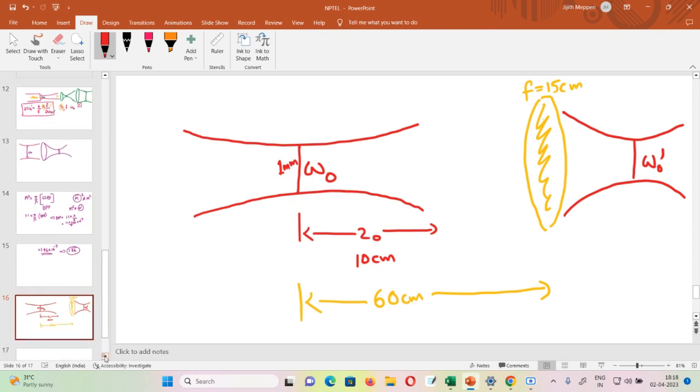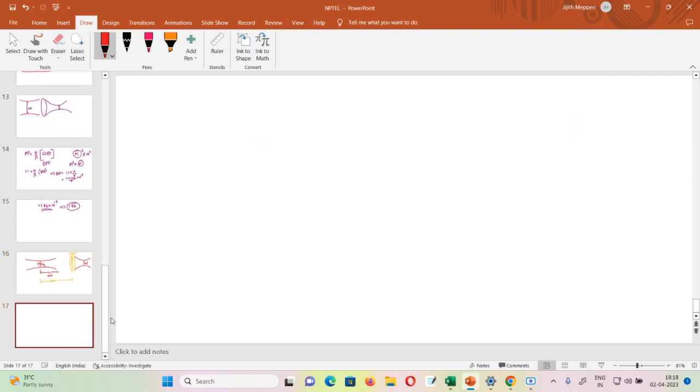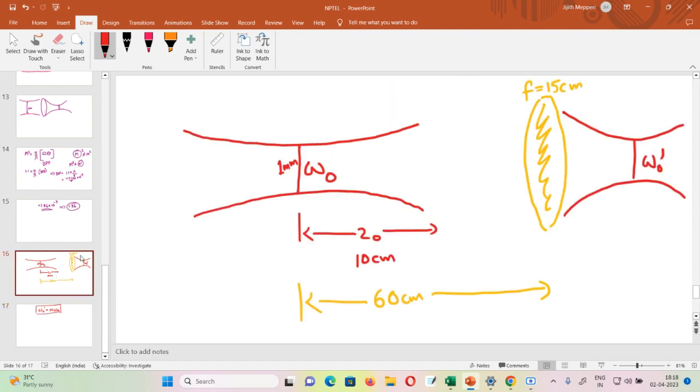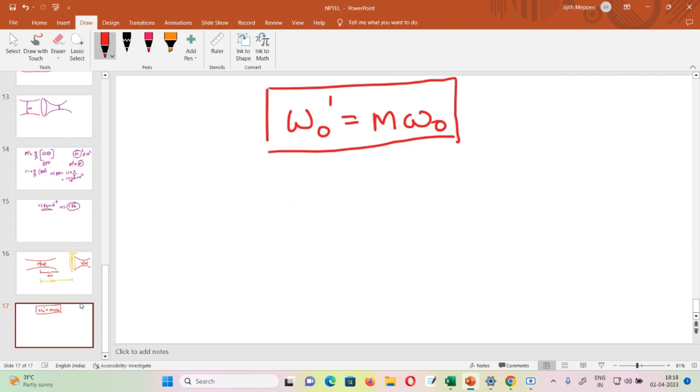So what is your equation? Omega naught prime is equal to magnification into omega naught. So 2 omega naught prime is equal to m into 2 omega naught.